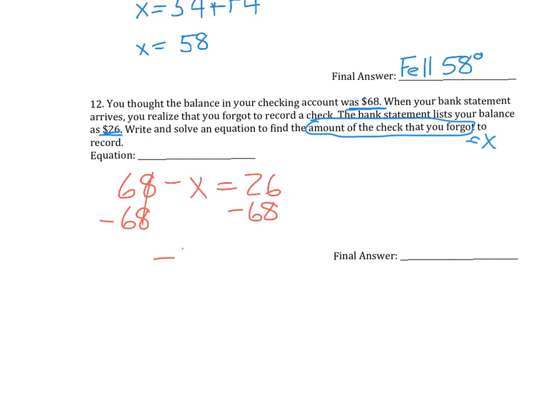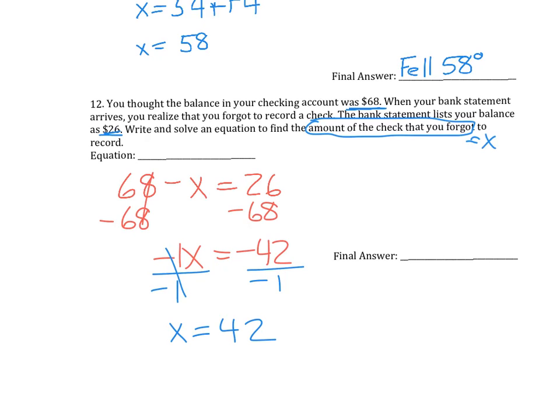Okay, so I still have negative x, and then if I do 26 minus 68, I end up with negative 42. So negative x, remember I have that imaginary number sitting there, like negative 1x. So my opposite operation with negative 1x would be divide by negative 1. And I actually end up with x equals 42. So think about that in terms of your problem.